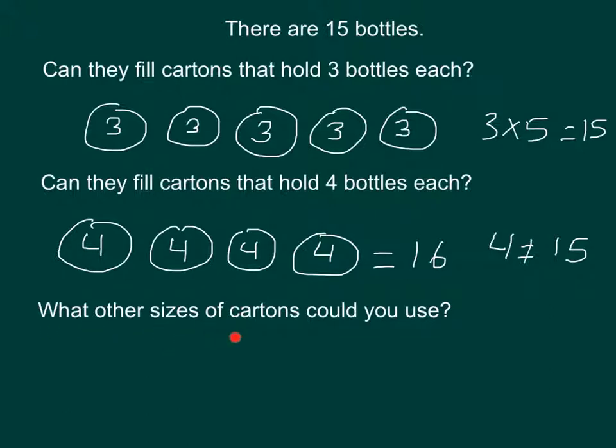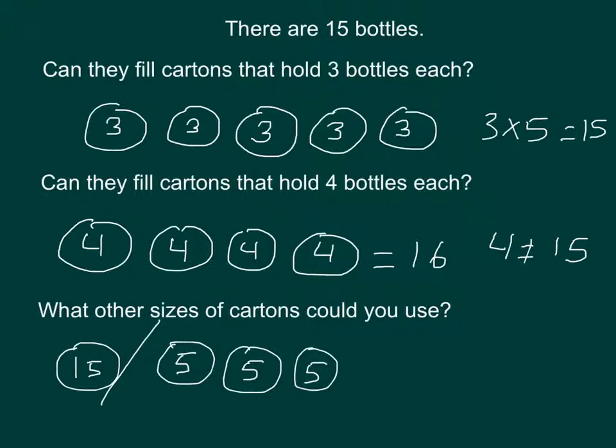What other sizes of cartons could you use to fit those 15 bottles? Discuss this now. Pause video. Great ideas. We could have 1 carton with all 15 bottles in it. We could have 3 cartons that hold 5 bottles each.